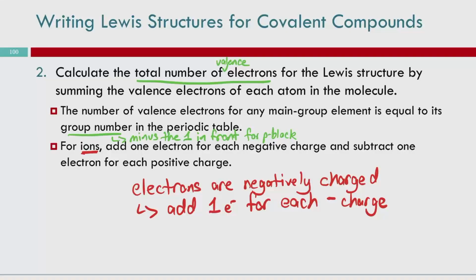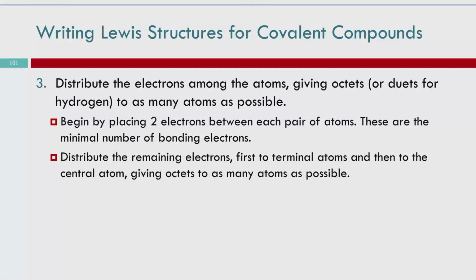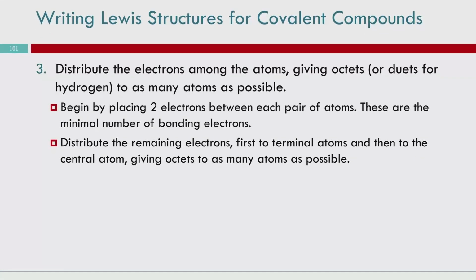So once we've summed up our valence electrons, once we've got our VEs all calculated up, then we want to distribute electrons among our atoms. To start, we want to get all of our pieces connected. So remember, for our first step, we just got everything put up on the board. In order for those to all be in a molecule, they have to be connected.